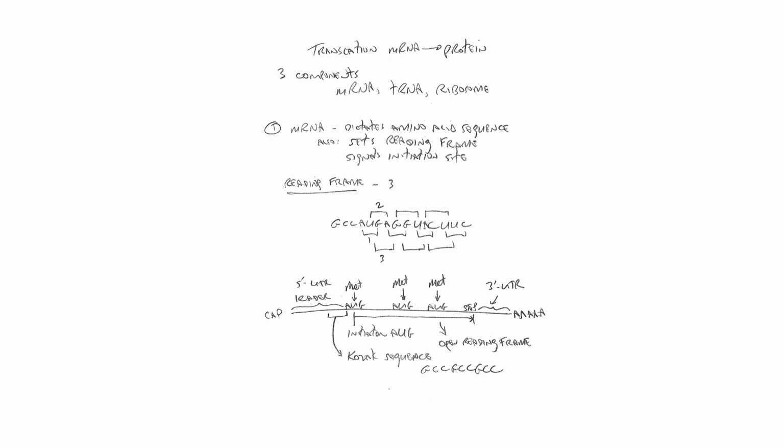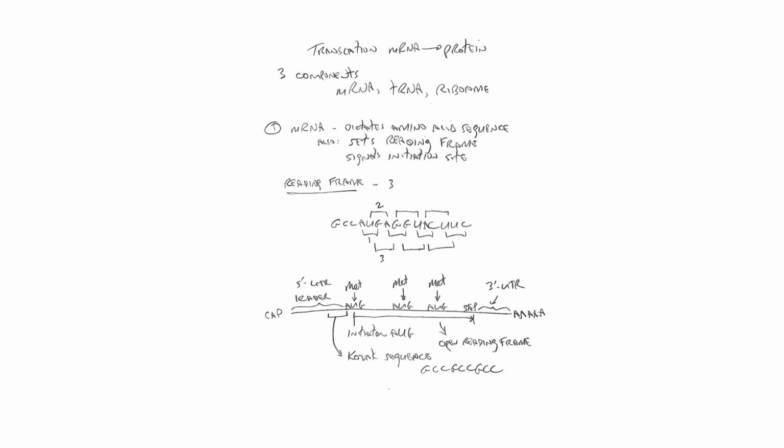So I am setting reading frame number 1, with the AUG as the first codon. I'm doing that for a reason, because AUG actually always is the first codon. So that's one of the ways that the sequence dictates the reading frame.